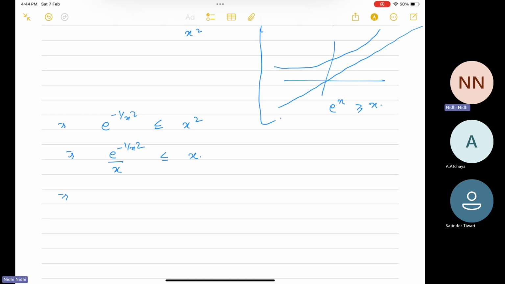Now this implies mod g(x) minus 0, which is equal to mod g(x), which is e to the power minus 1 by x square by x, is less than or equal to mod x, which is equal to mod x minus 0.